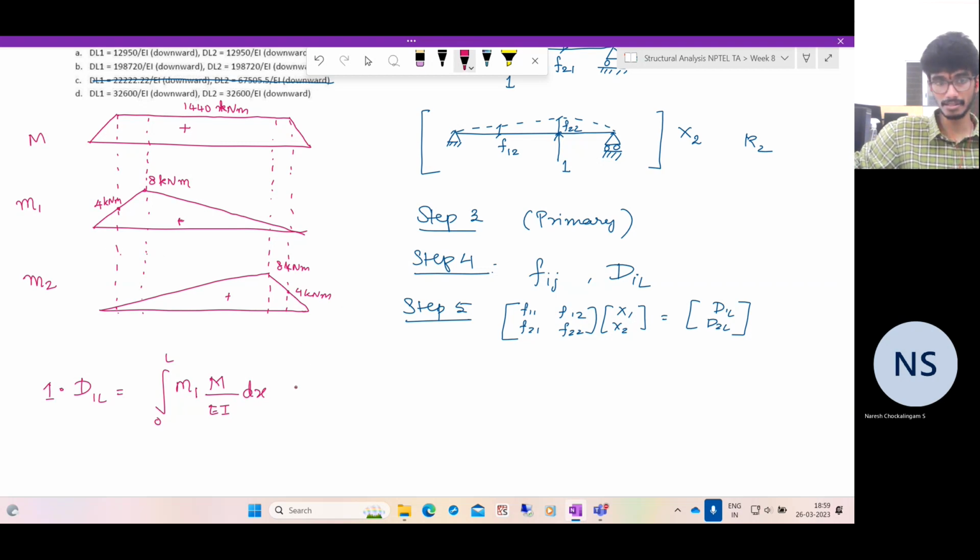So let me divide it into 4 parts. This is part 1, part 2, part 3, and this is part 4. So let me use the coordinate x1 here, x2 here, x3 here, and x4 starting from this side.